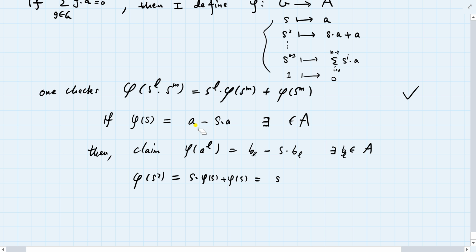I do not use A here, okay? Alpha. So what is this?